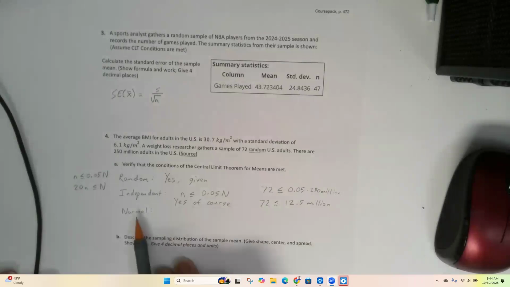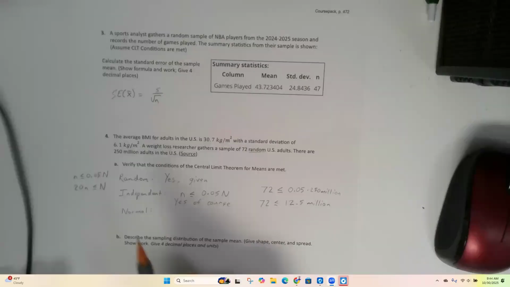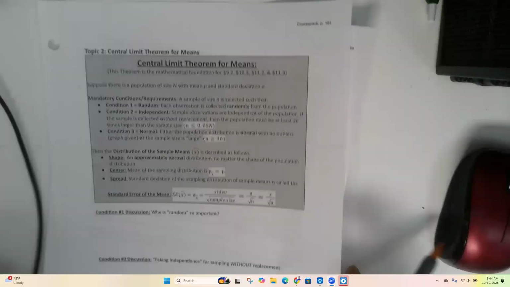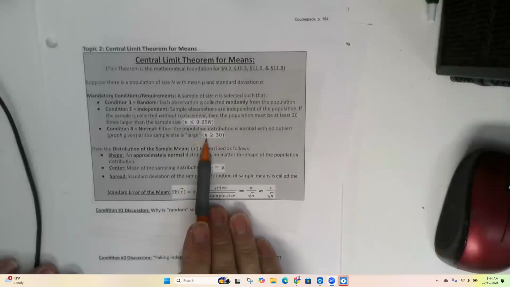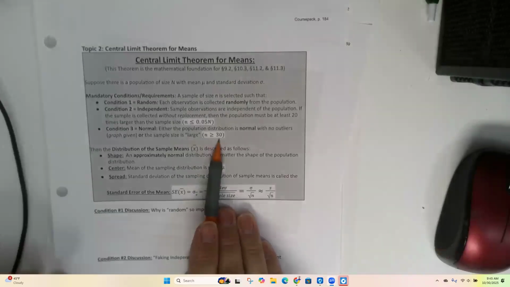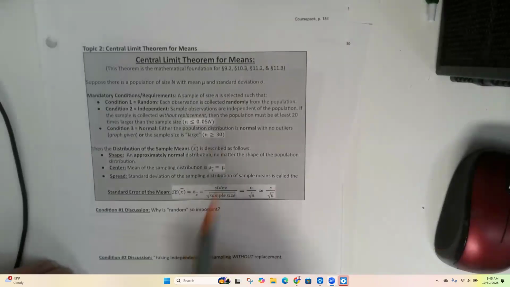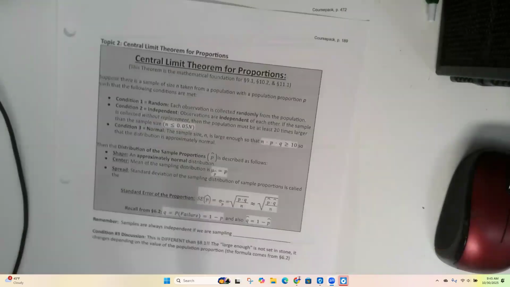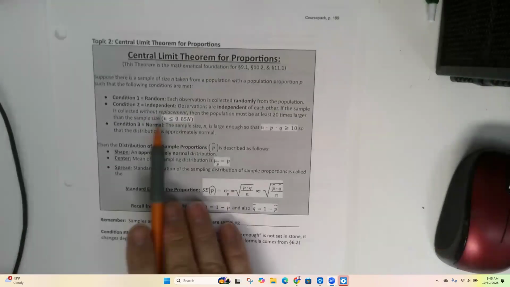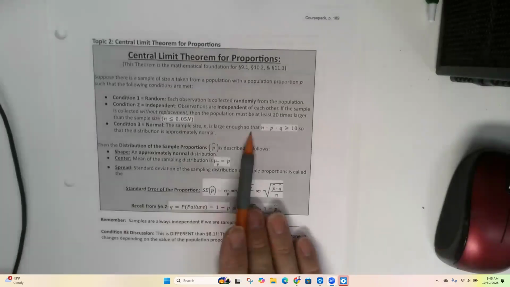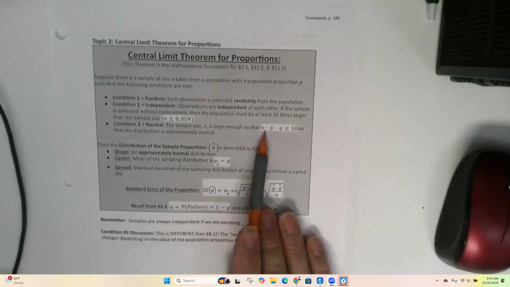Lastly, we need to check if it's normal. By that, we mean we need to make sure that the sample size is large enough. For the central limit theorem for means, all you have to check is whether your sample size is bigger than 30. Now that's for means. If we're doing proportions, then you still need to make sure your sample size is large enough, but to do that, you also need to check with p and q.